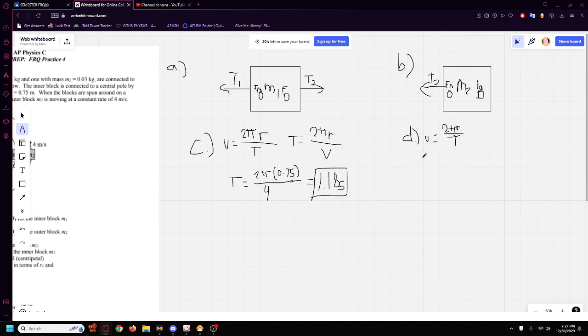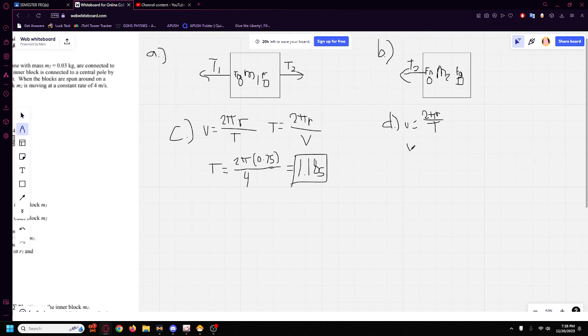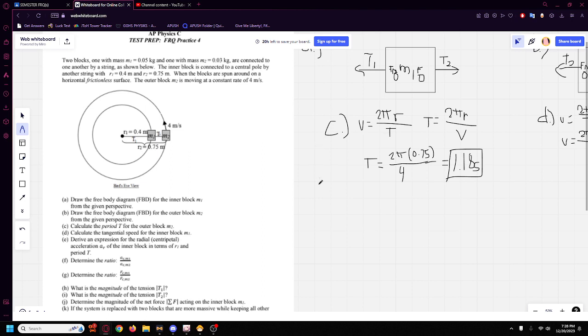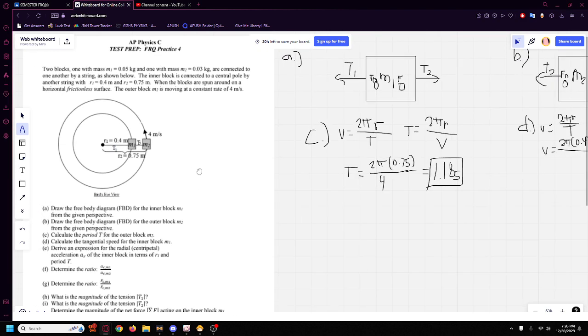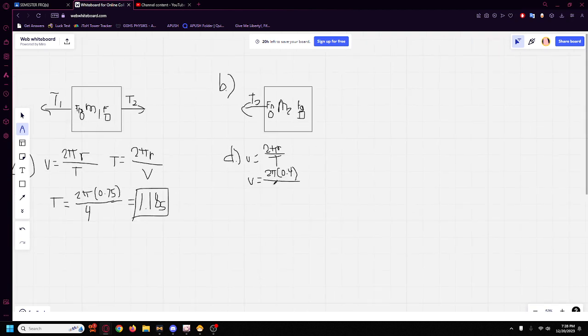We know that the radius between the center and M1 is 0.4 meters, and we also know the time is 1.18 seconds from the previous part.